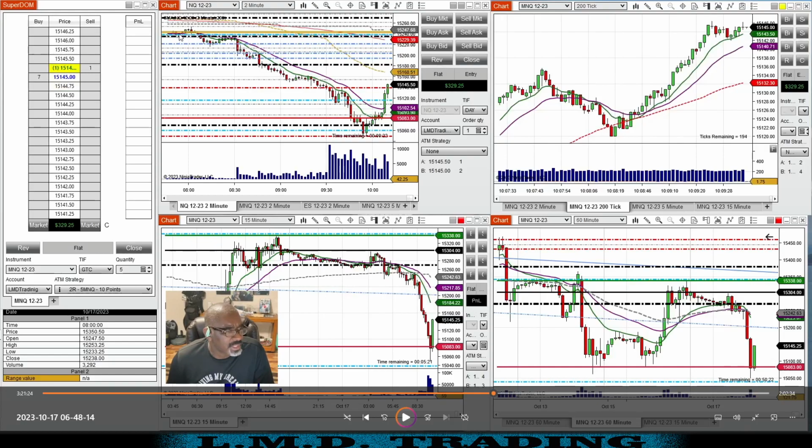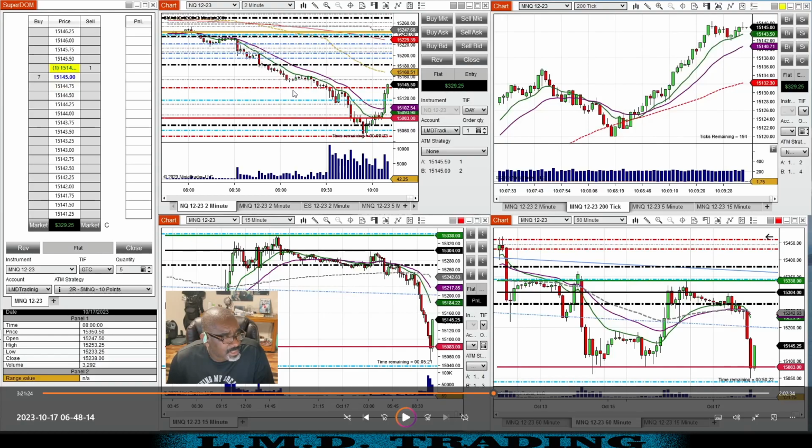So if we look at the 2-minute chart, upper left, we see that at 8 o'clock in the morning, the NQ starts this move to the downside, really starting about 8:30. And it just kind of grinds down, breaking several key levels. Black line right here is an hourly level.